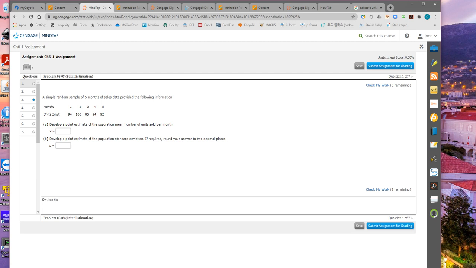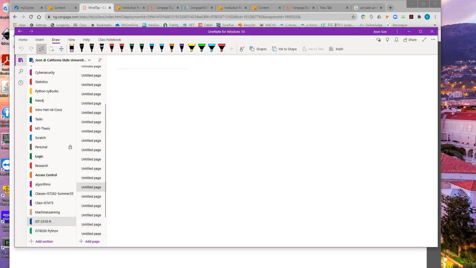Okay. So let's summarize the things we need to know to solve this problem. First, let's look at the notations. We have a population parameter and then we have the point estimator.